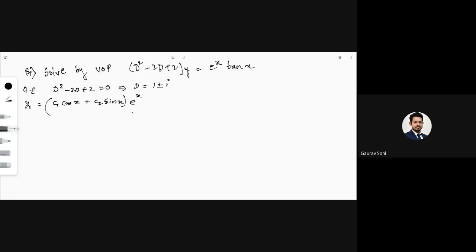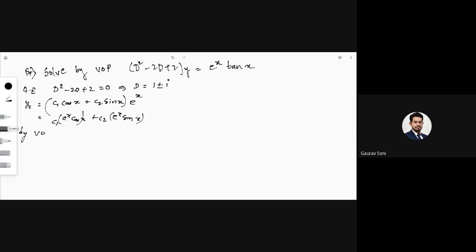So I will open the bracket and declare my y1 and y2. So that will be c1 e to the power x cos x plus c2 e to the power x sin x. This is my y1, this is my y2.